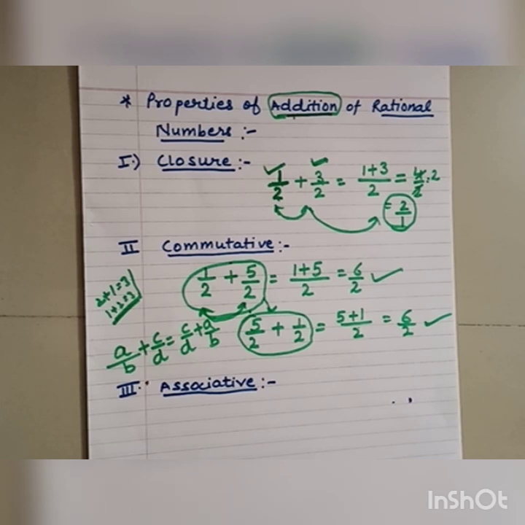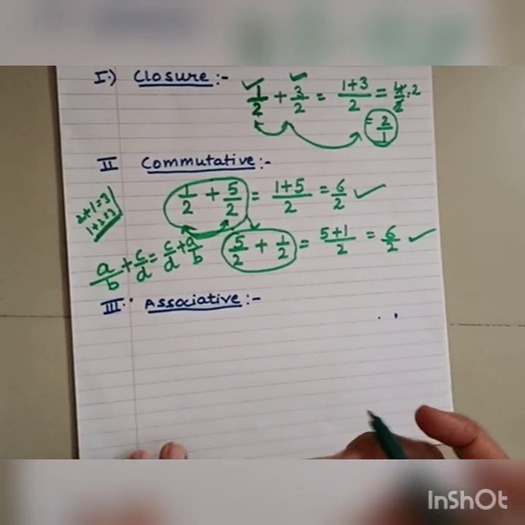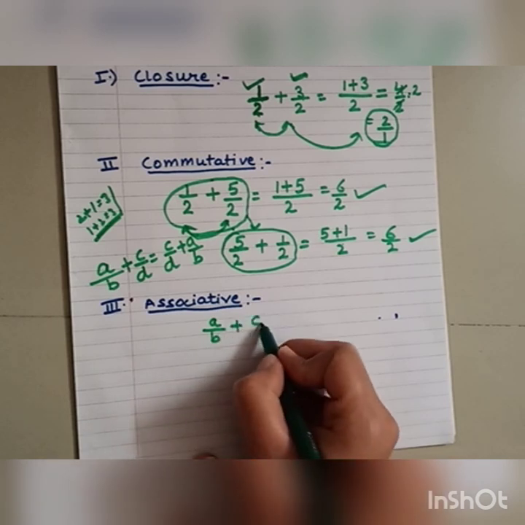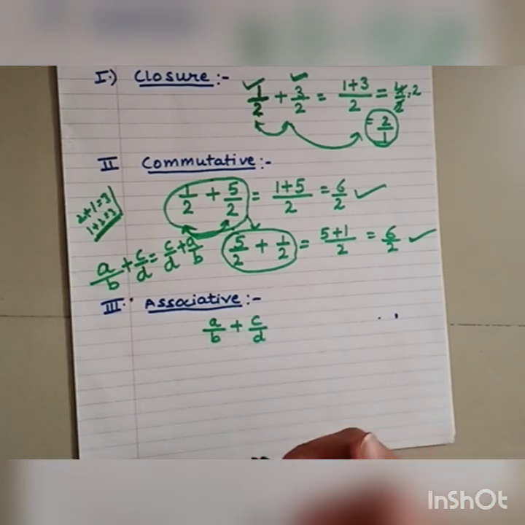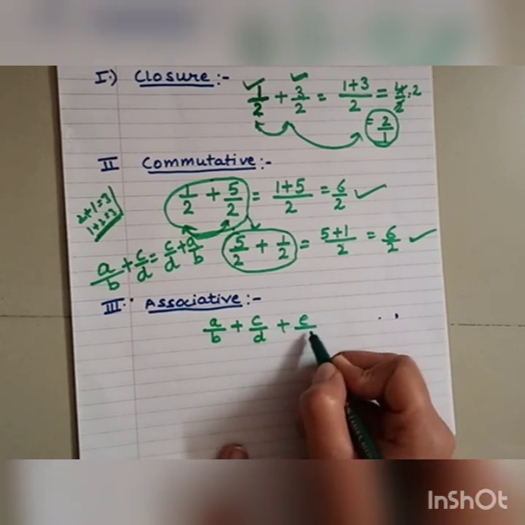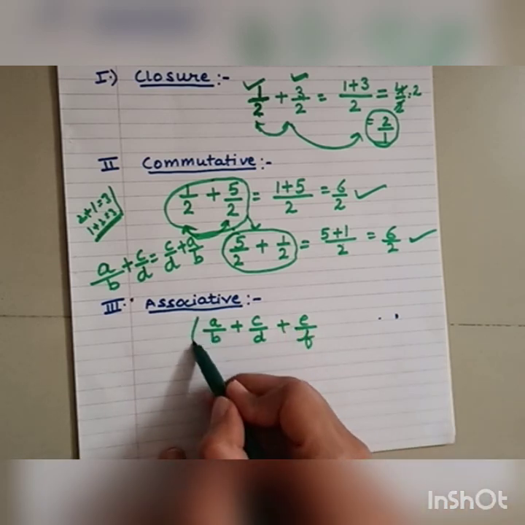Now, in the associative property, in this way we group while adding three rational numbers. In this, we take only three rational numbers. Like in the commutative property we take two rational numbers, and in the associative property we take three rational numbers, and they can be grouped in any order. In general, we write the associative property like this: a by b plus c by d, any rational numbers you can take, plus e by f, three rational numbers grouped in any two.